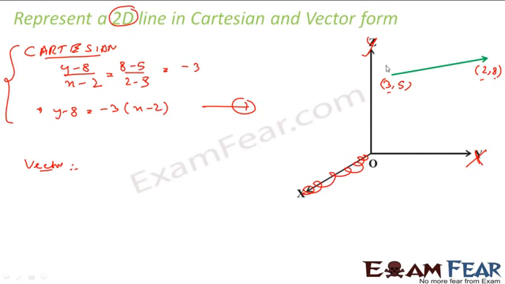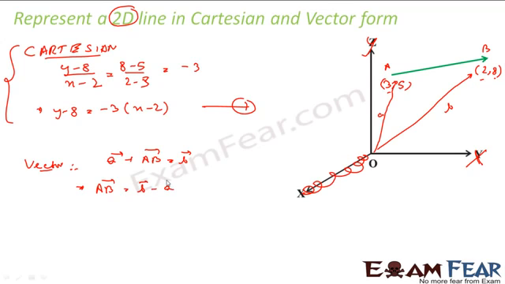Let's suppose this is my point A and this is point B. This is the position vector for A and this is the position vector for B. So in this equation, vector A plus vector AB is equal to vector B, or I say my vector AB is nothing but B vector minus A vector.